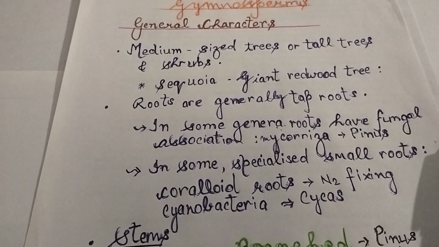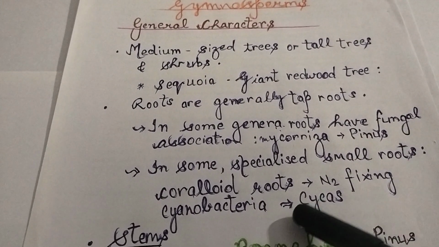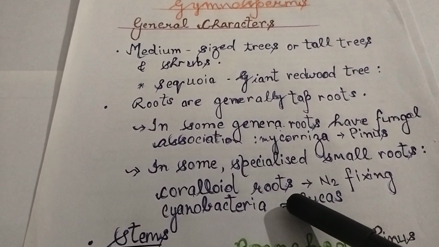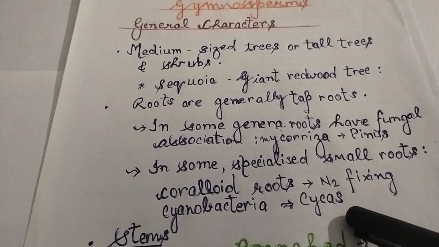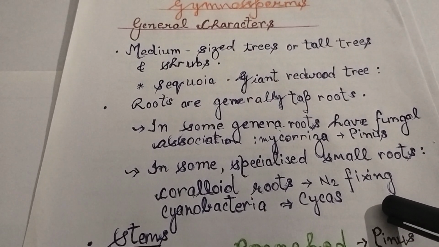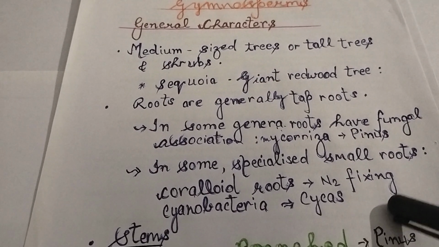These specialized small roots are called coralloid roots. They are present in Cycas. They are associated with nitrogen fixing bacteria, cyanobacteria, sorry.